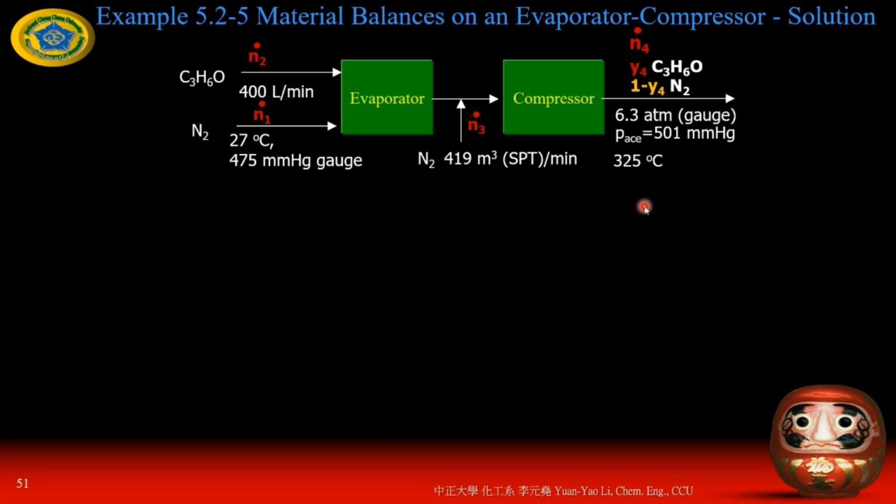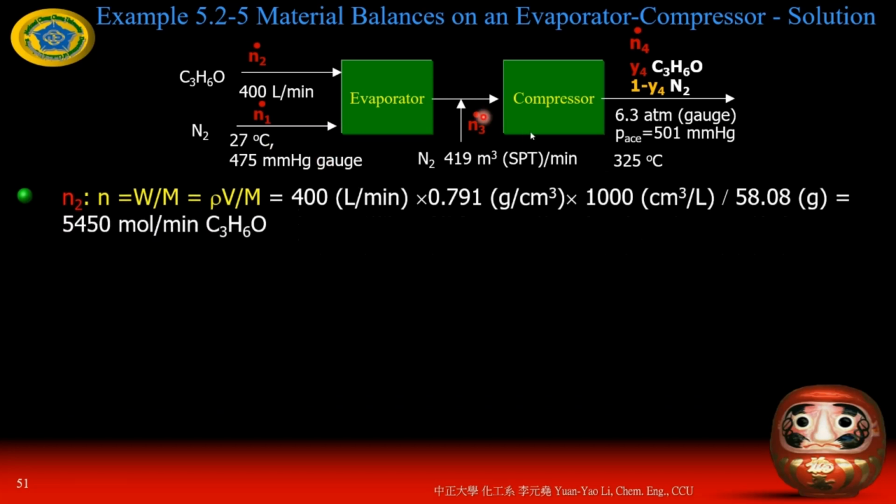Now you realize, in order to get this Y4, we use Dalton's law, right? In order to get this N3, we use P1V1/T1 equal to P2V2/T2, right? Or if you understand this, you can directly convert to this, because this is standard pressure and temperature.